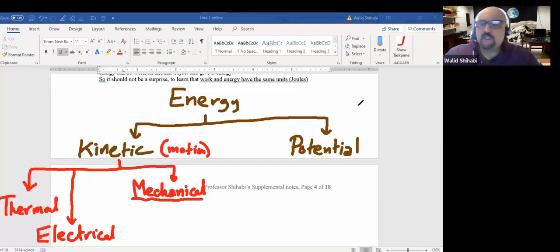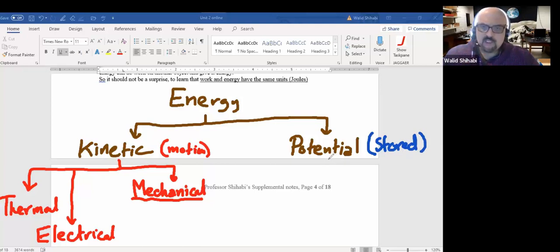Regarding potential energy, it is energy stored in the object. You need to realize that this is energy that is stored. Potential, from its name, has the potential to act. So it's energy that is stored in the object.